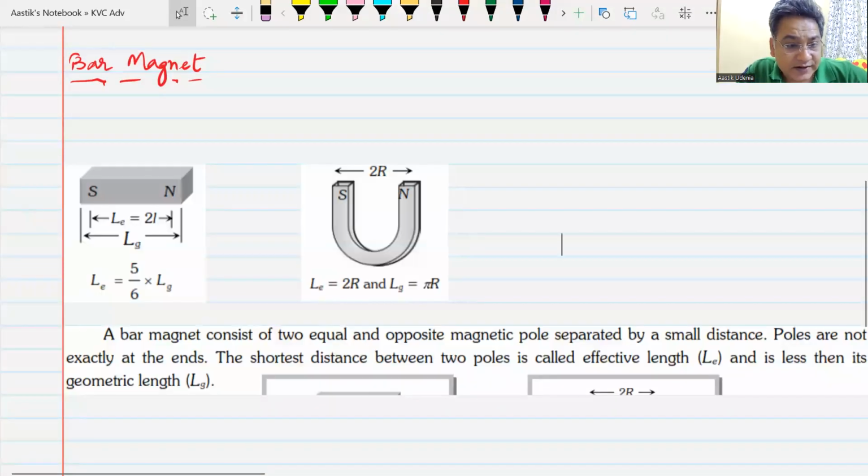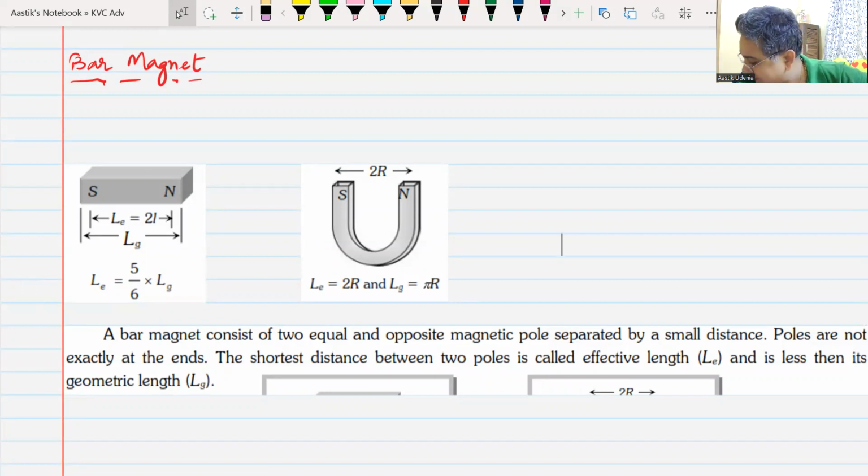Now every bar magnet has a north and a south pole, and you can see this north and the south pole are not exactly at the ends. They are slightly inside of these poles.